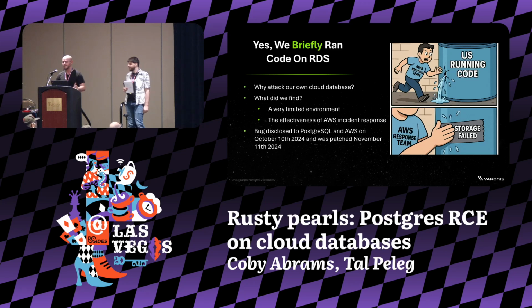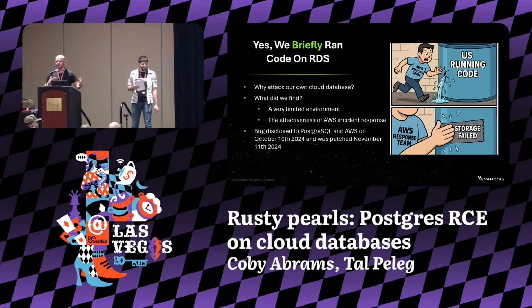They're really fast. So within a very short amount of time from when we started running code, we had emails, we had LinkedIn messages, we had messages from our CEO who got messages from Amazon. We had all kinds of interactions from Amazon trying to figure out what exactly we were doing, and they also collaborated. They also put our instance into the storage failed mode just in case we were threat actors, right?